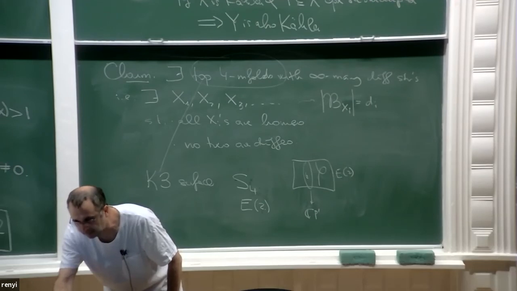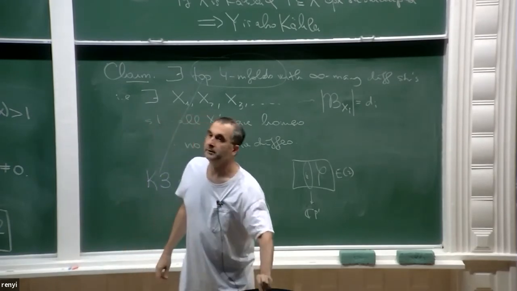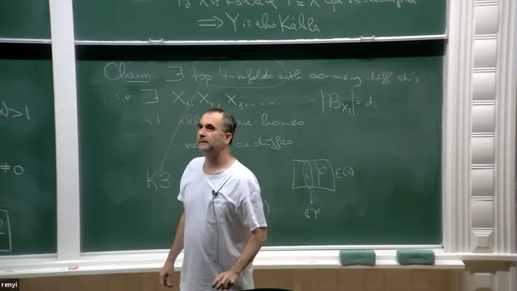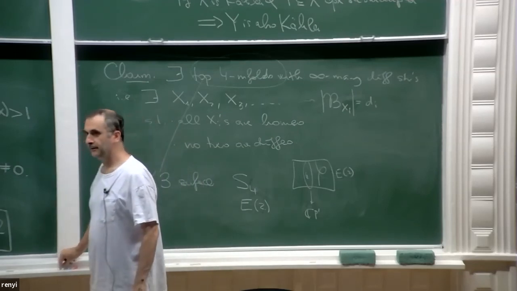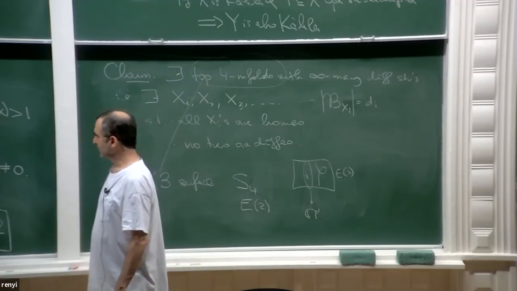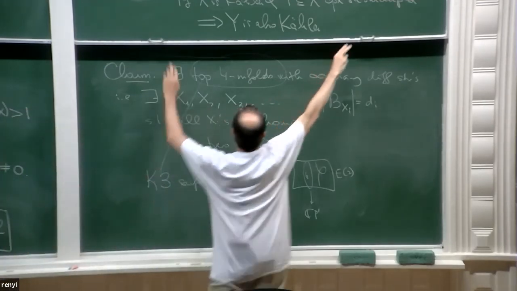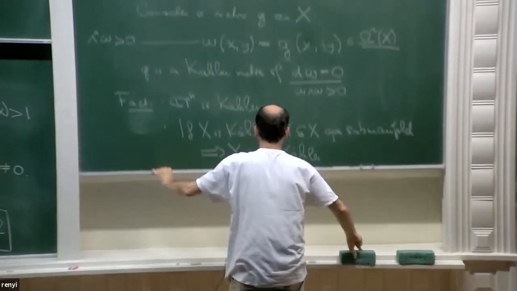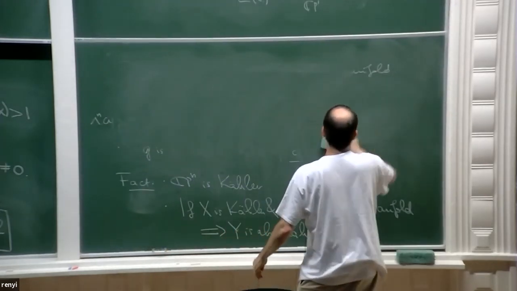I have a question about connect sums of CP2s and CP2 bars. What's the best known exotica among those, the smallest N and M? So, of course, I deliberately skipped the N equals 1.